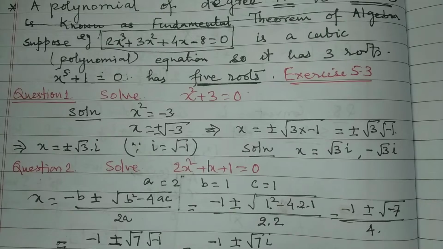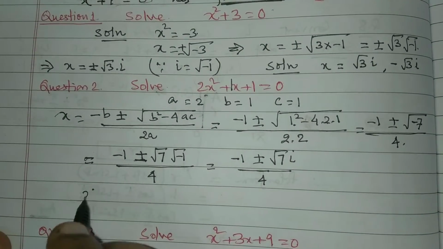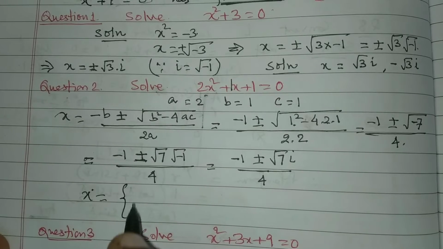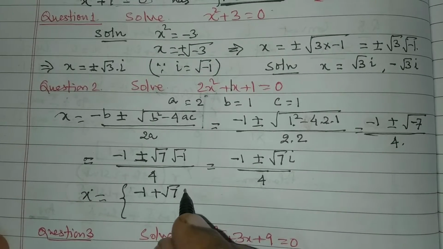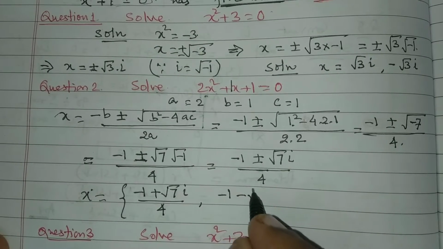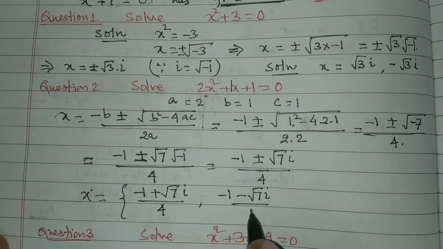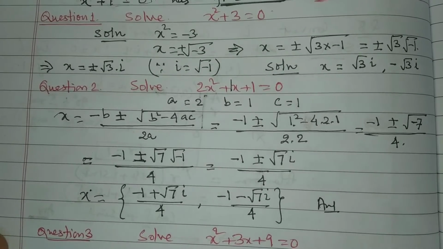This is the solution. So x has two values over here. One is minus 1 plus root 7 i divided by 4, and the other is minus 1 minus root 7 i divided by 4. So this is the answer. Hope you will understand it.